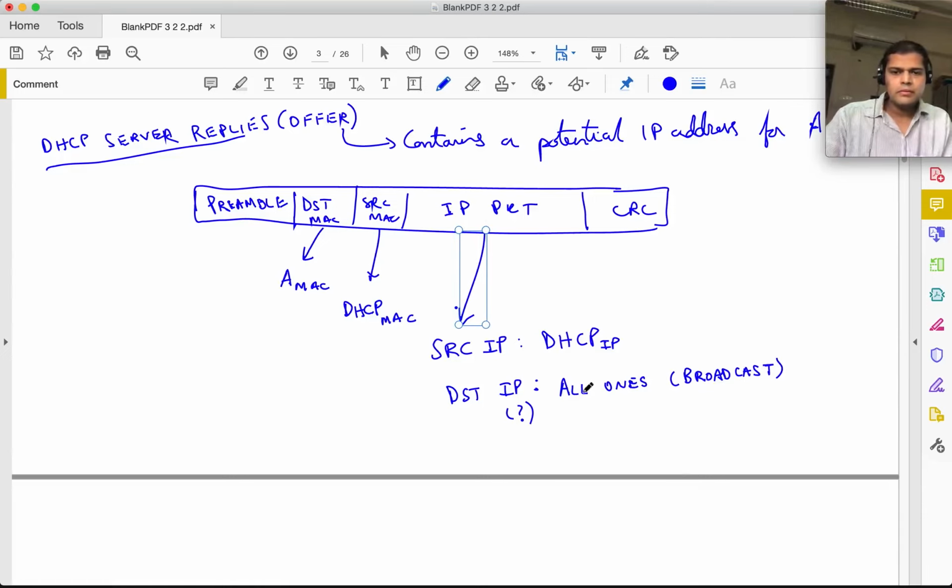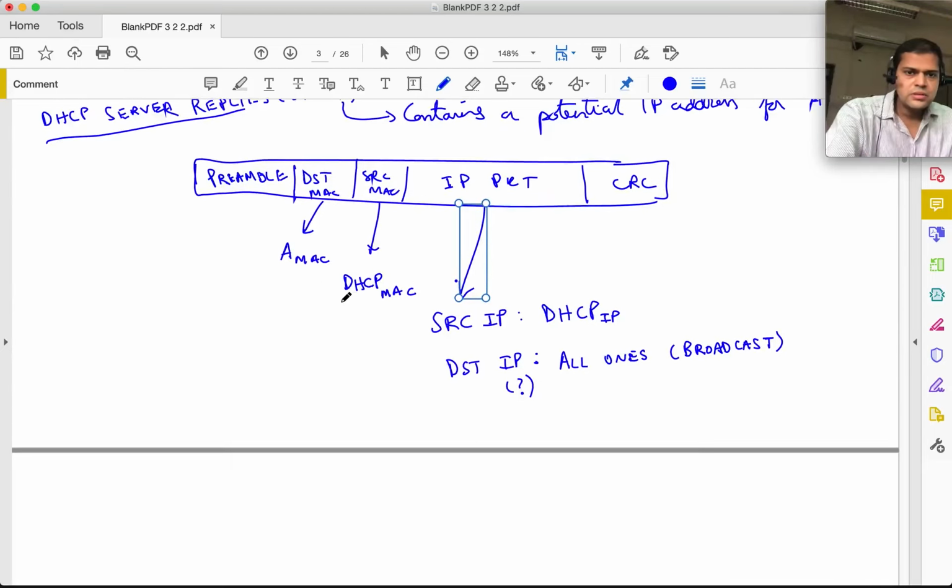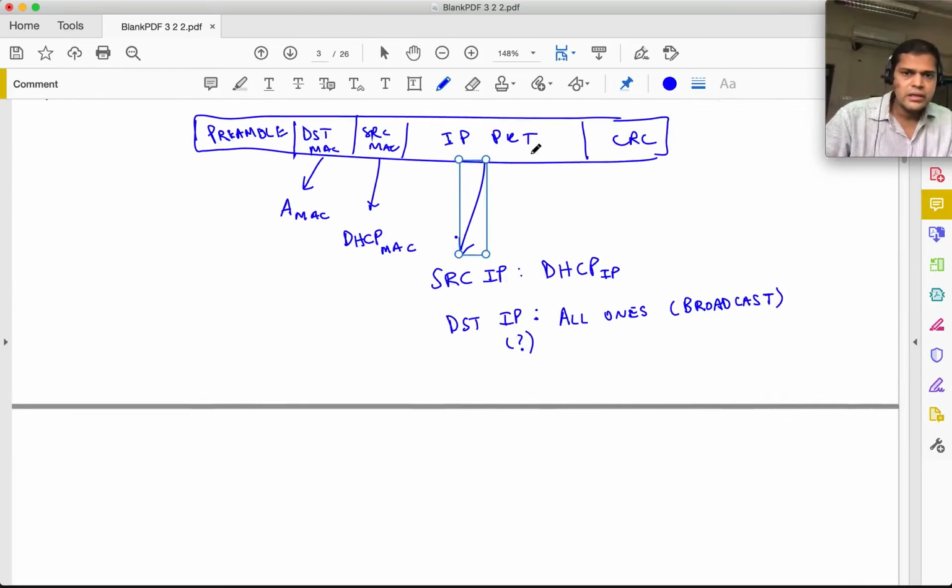At least at the IP layer, I am just putting all ones, because if I put that particular IP address, then A might actually reject that packet because it hasn't configured that IP address for itself. So this is how it works, and this contains the offered IP address.